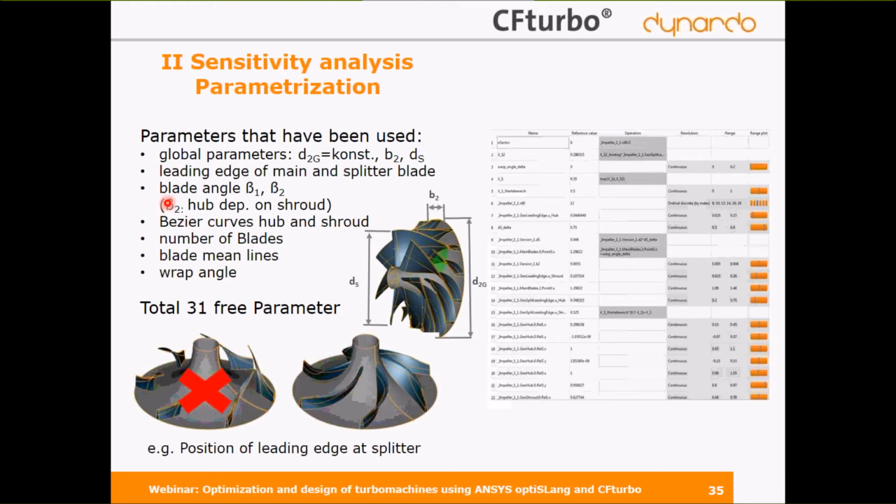And this has been done, for example, for the blade angles as well, beta 1 and beta 2. For example, the beta 2 angle at the shroud is independently varied, but the position on the hub is then dependent on the angle on the shroud plus a certain delta. Moreover, the V curves of hub and shroud have been used as 12 parameters. The number of blades, the blade mean lines, and the rake angle have been parameters as well. So in total, we have 31 free parameters.